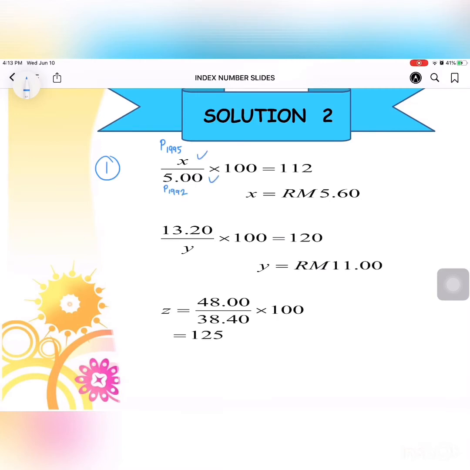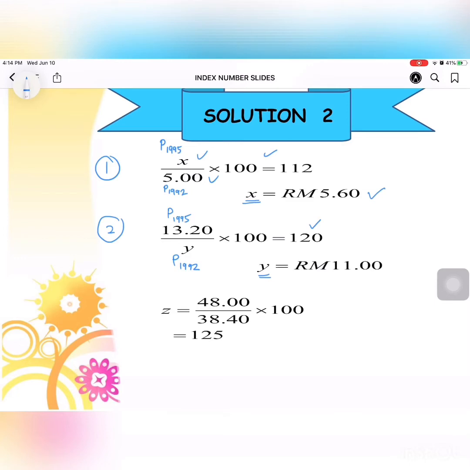So what you need to do is take everything to the right and you'll get the price at 1995, which equals X. For question 2, you don't have the base price, but you have the price of 1995 and the index number as well. So you can solve and you'll get Y.